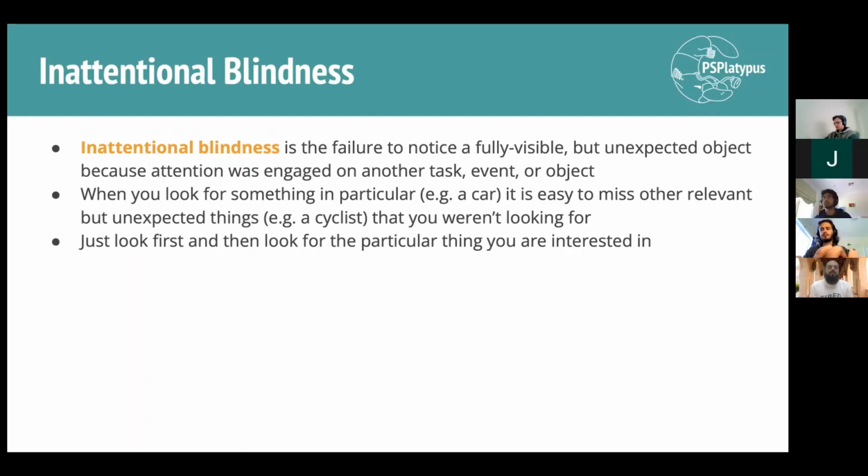For example, when you look for something in particular, for example a car, it's easy to miss other irrelevant but unexpected things like cyclists, because we simply weren't looking for them. And this can be avoided by just looking generally at the bigger picture first, and then looking for the particular thing that we are interested in.